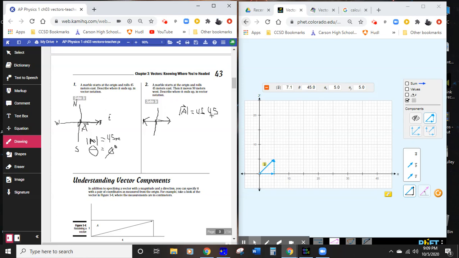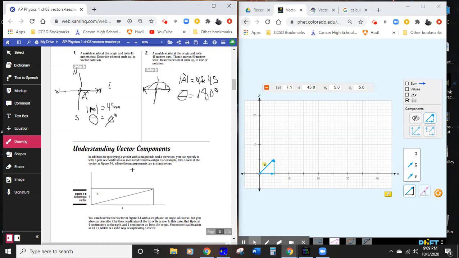Like so, there's 45. And the angle theta is going to be 180 degrees. So this is the angle like this, right there. So theta is going to be 180 degrees. And that will be the vector here. All right, so that's the vector here.